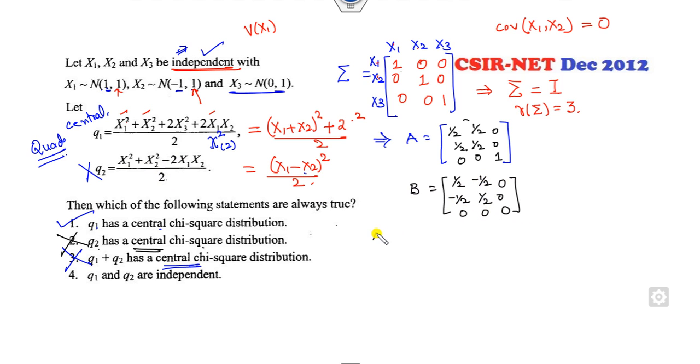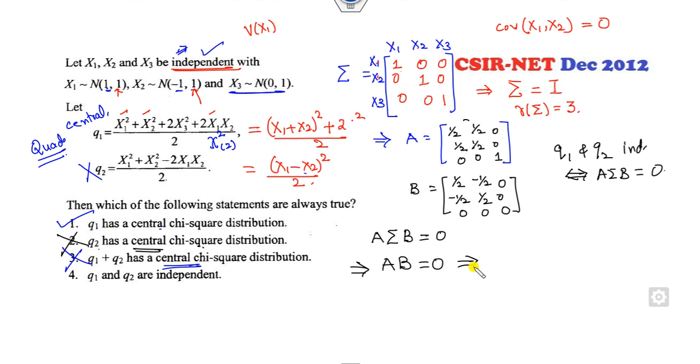Fine. Now, this value should be 0. You all know quadratic forms Q1 and Q2 are independent if and only if A sigma B is 0. Now since sigma is I, what does it mean? You simply need to prove AB is 0.